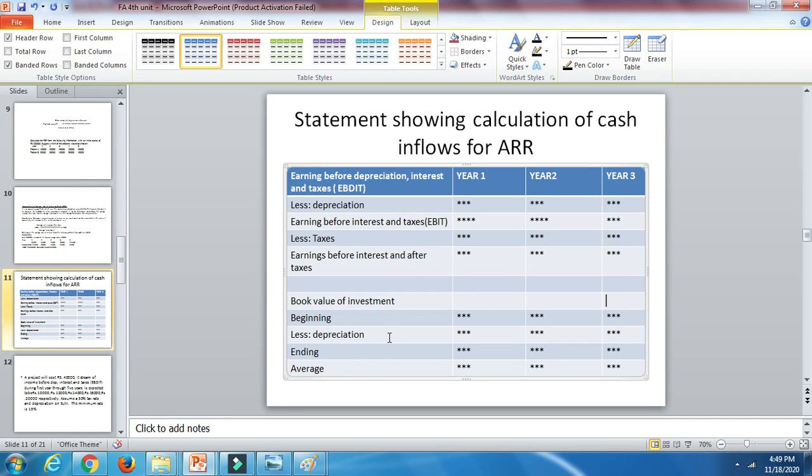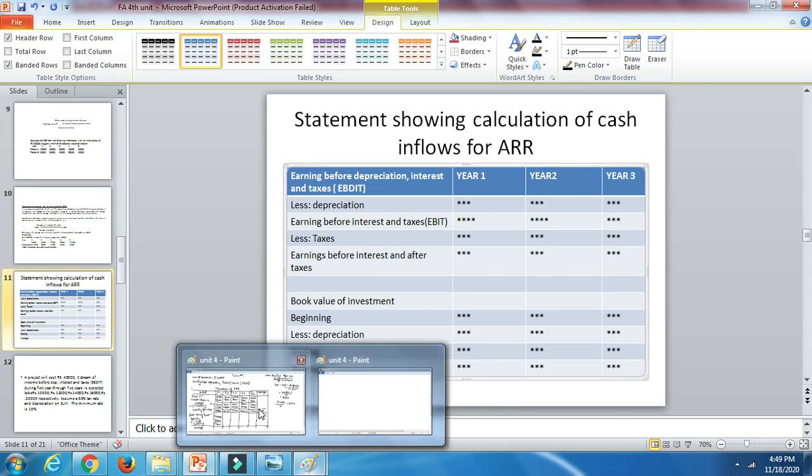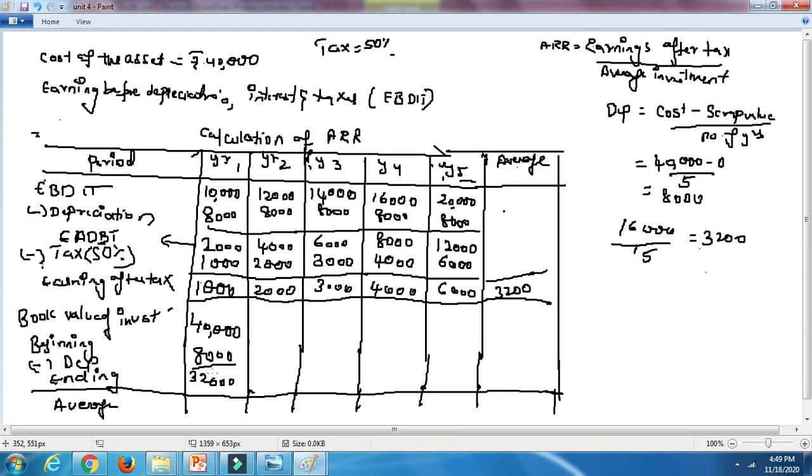Beginning you need to take less depreciation, and what is remaining after subtracting will become the ending. Again this will become the opening balance of the next year. So here also you need to do the same thing. So 40,000 minus 8,000, you remained with 32,000, right? So now this will become the opening of the next year. So 32,000. What is the depreciation? Same 8,000. So what will be remaining now?